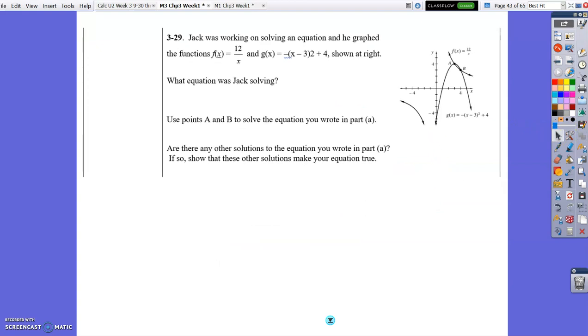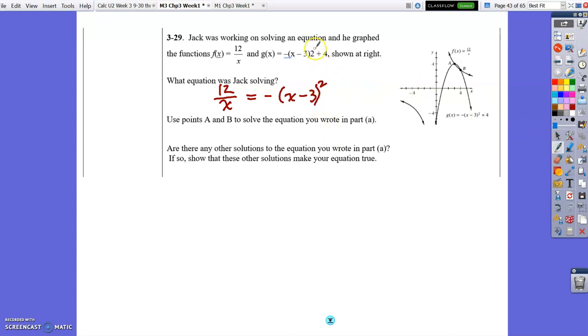He graphed these functions at the right, and he's got this. Use points A and B to solve the equation that we wrote in the picture. So what equation is he solving? He's solving this equation, 12x equals negative x minus 3. And this should be squared based on the picture.